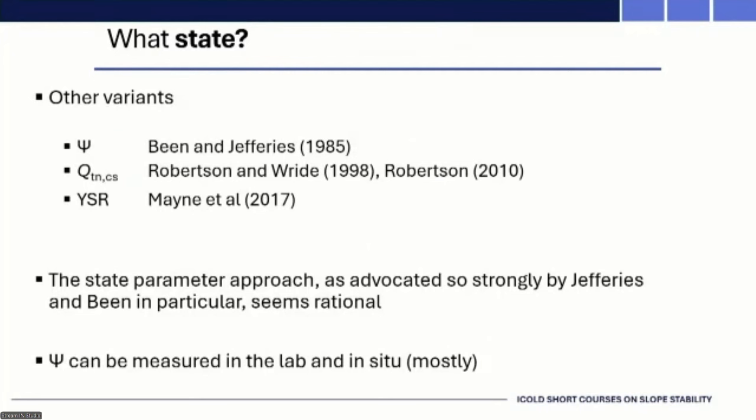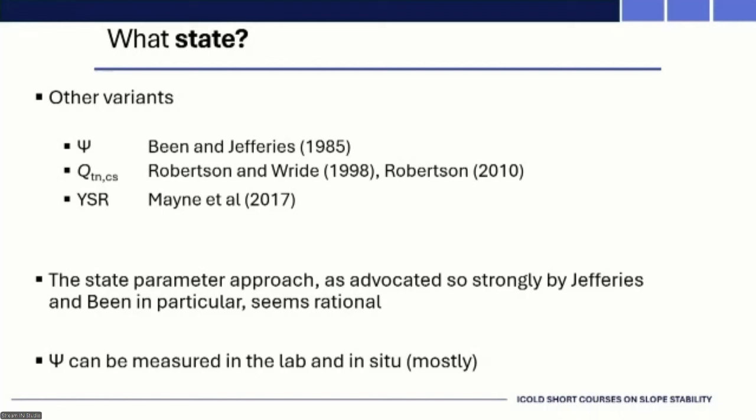So the variants, the way the family tree developed for some of these methods, is the state parameter method of Bean and Jeffries, or Jeffries and Bean, whatever. I think it's a rational method. I like it because it ties laboratory testing to field testing. It seems to be based on physics more than some of the others.